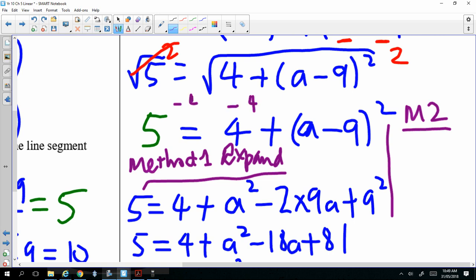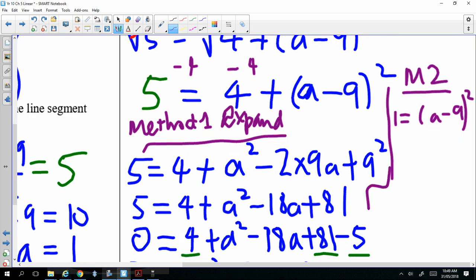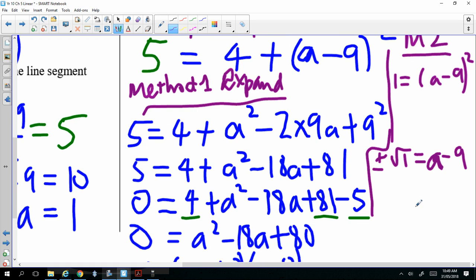And that's a perfect square form. Now you square root. So you go square root of 1 equals plus or minus a minus 9. Like that. Now what's square root of 1? 1. So therefore a equal to 9 plus or minus 1, right? Negative 9 you add 1. So you could do 1 plus 9 is 10, or 9 minus 1 is 8.